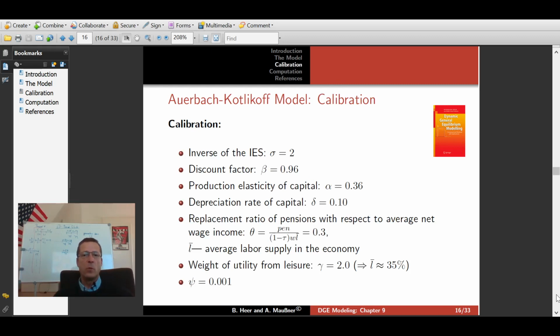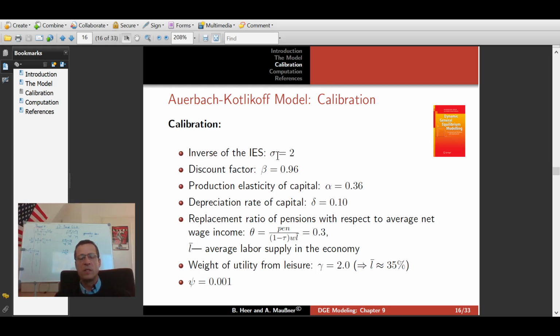We calibrate this model, and I've already pointed out to you the different calibration parameters while we went along in this video. So sigma, the inverse of the intertemporal elasticity of substitution, is set equal to 2.0. This provides a midterm empirical value that we observe and which was estimated in the empirical literature.